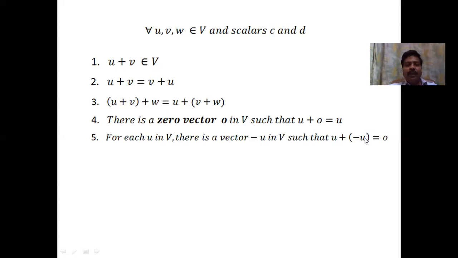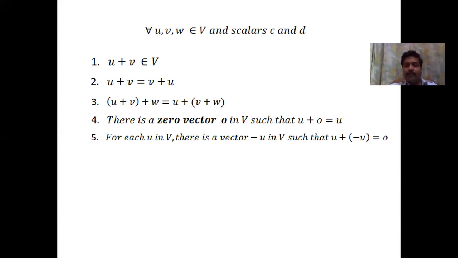So in group theory, if a set holds these 5 conditions, we say that it is an abelian group with respect to that binary operation. So these are the first 5 conditions of our vector space.